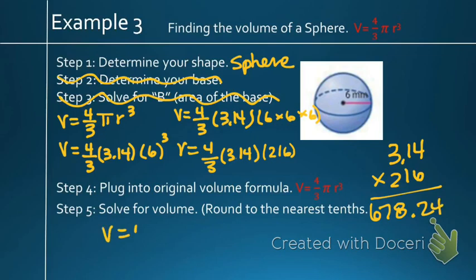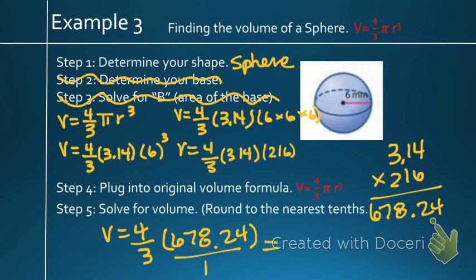So volume equals 4/3 times 678.24. Okay, if you put it over 1, just multiply straight across. So 678.24 times 4.